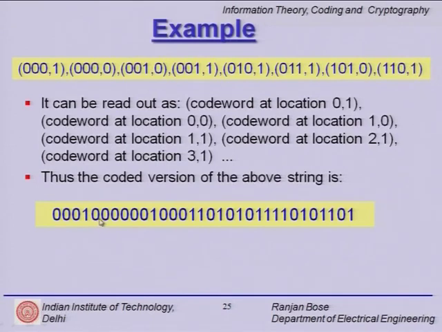I concentrate on my next 4 bits, which is 0 0 0 0. And then the first 3 bits represent the location, null location, and the fourth is an innovation bit 0. So clearly I write down immediately 0. So the first 2 bits are 1 and 0, and the first 8 bits are decoded.